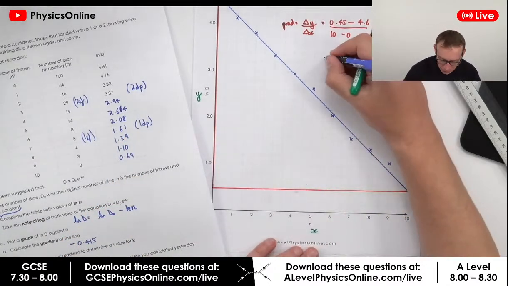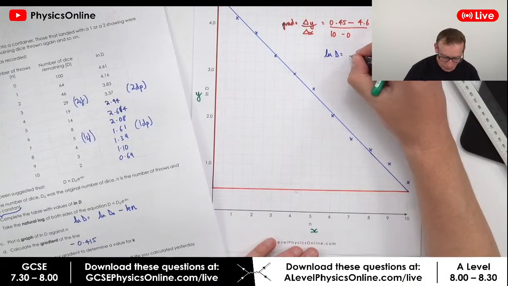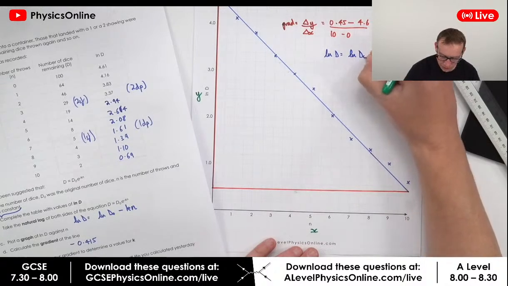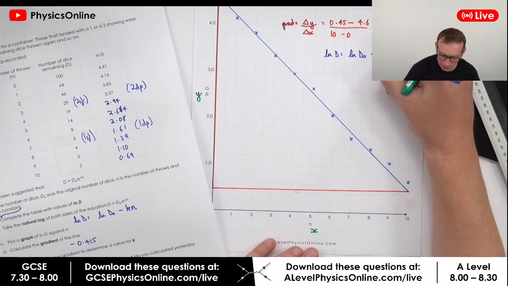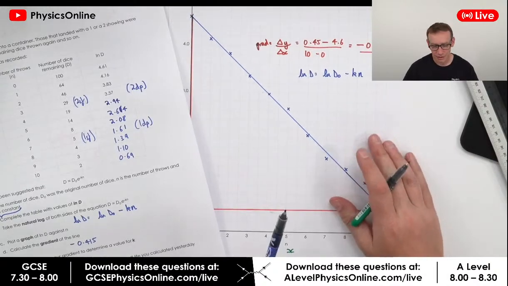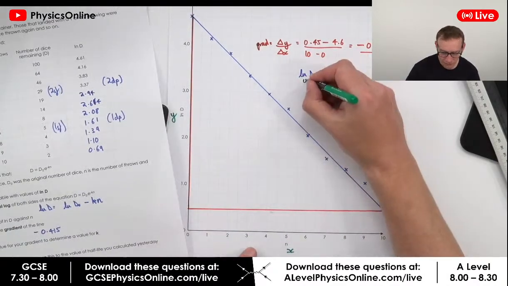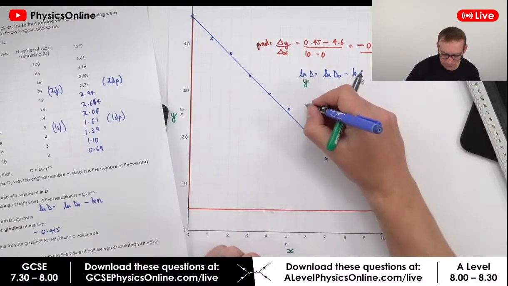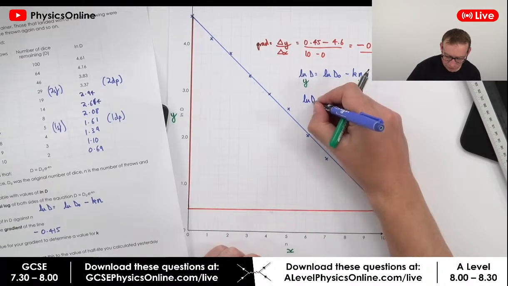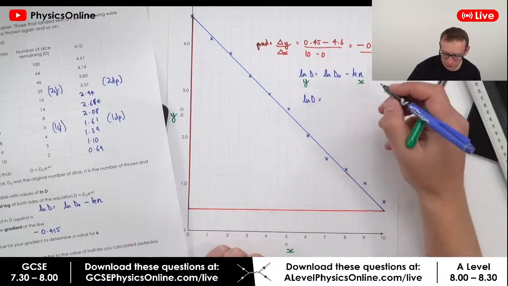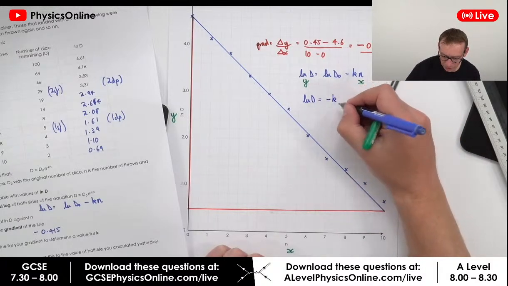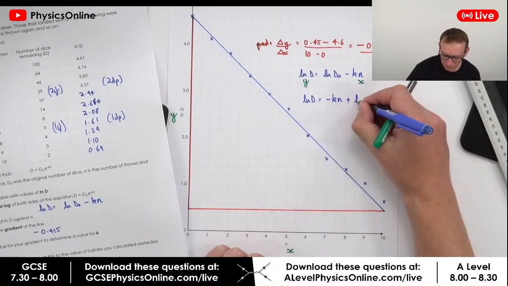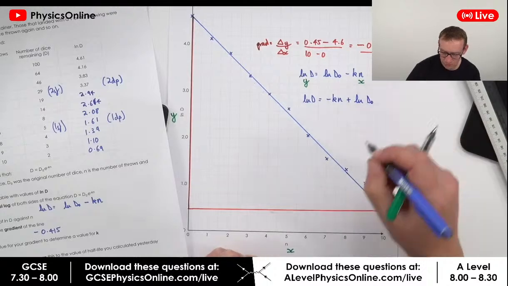Now, we know that the natural log of d is equal to the natural log of d naught minus kn. Because we know that this is the y value and this is the x value, I'm going to rewrite this as natural log of d is equal to minus kn plus the natural log of d naught.